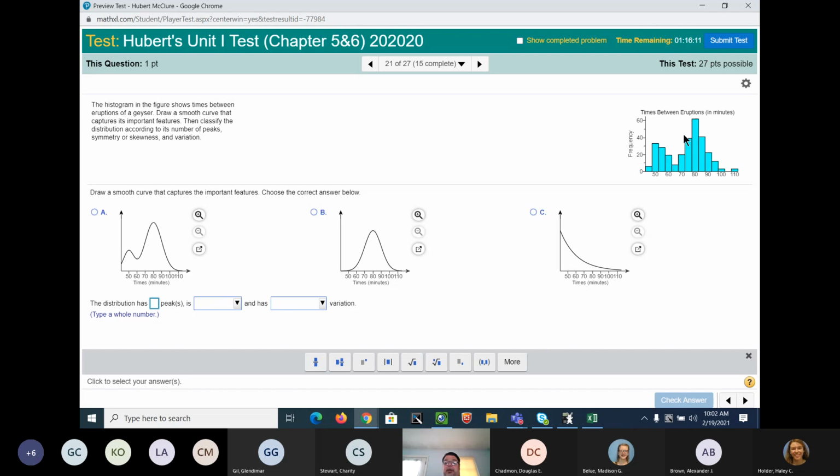You could say it's a little bit skewed left because a lot of the data is over here. It is not symmetrical. It looks like you have moderate to large variation because you go down, up, down, up, down. Small variation would be like a straight shot across, like a uniform distribution.